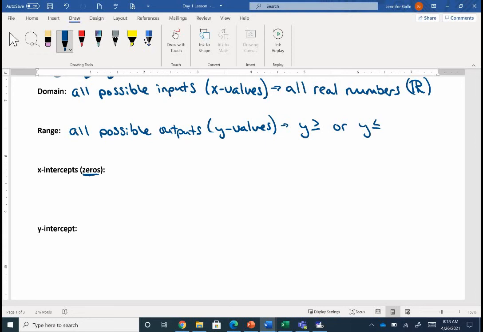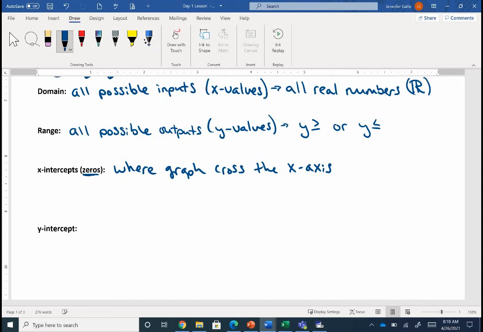The x-intercept is where the graph crosses the x-axis. When you graph a quadratic, they're oftentimes referred to as the zeros, so I will use that interchangeably.